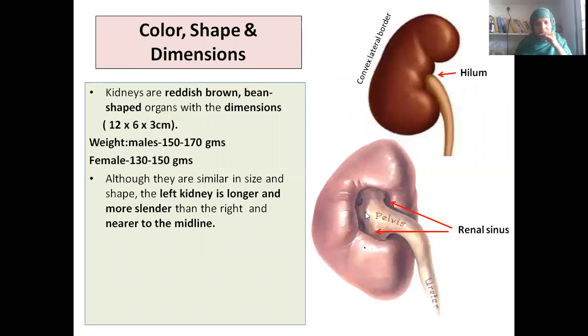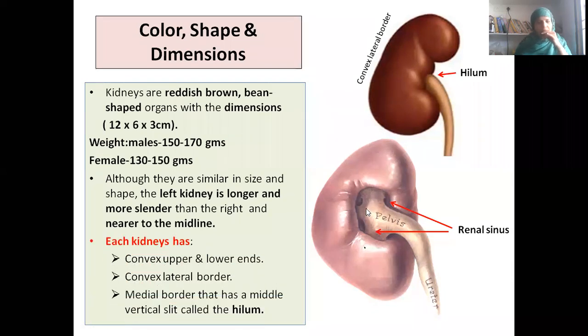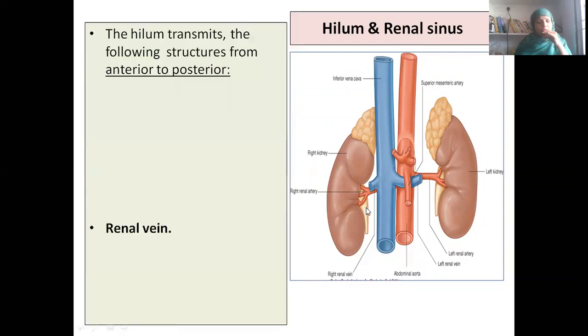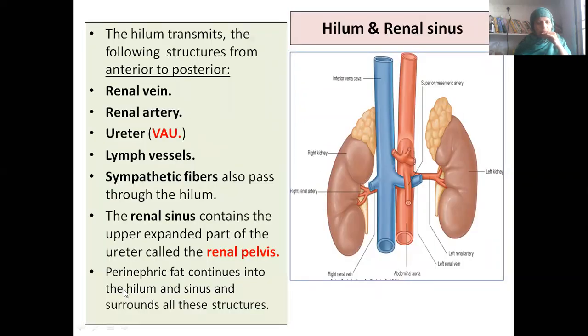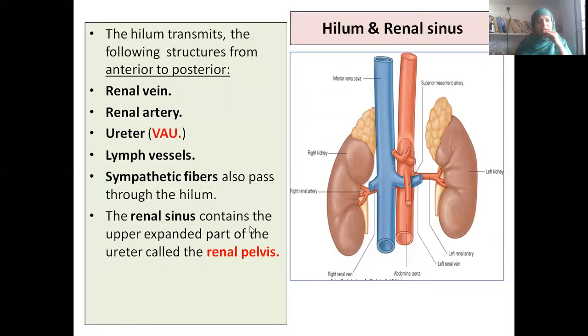It is kept in this passage, which is empty and expanded to accommodate the pelvis, that is the renal sinus. So the renal sinus contains the upper expanded part of the ureter, which is called the renal pelvis.